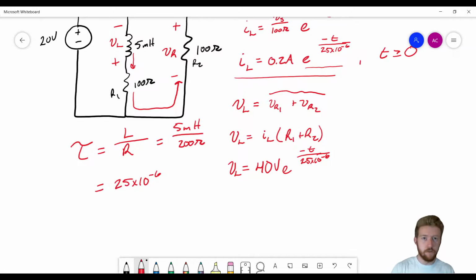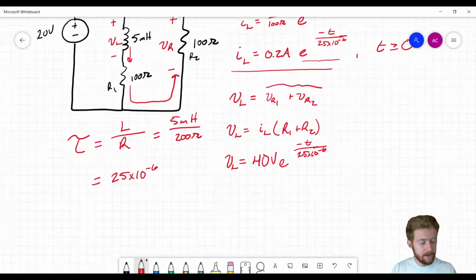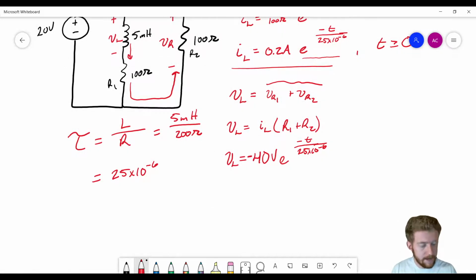Okay, but there is one thing we need to catch, because remember, whenever I first gave you this problem, I wrote VL like this, plus and minus. But in order to push the current through this circuit, this voltage, the way I wrote it here, has to actually be negative. So it's going to be negative 40 volts because of the way we're measuring it.